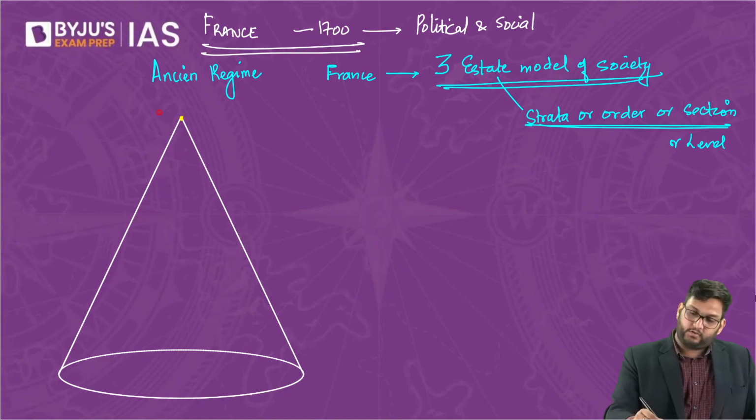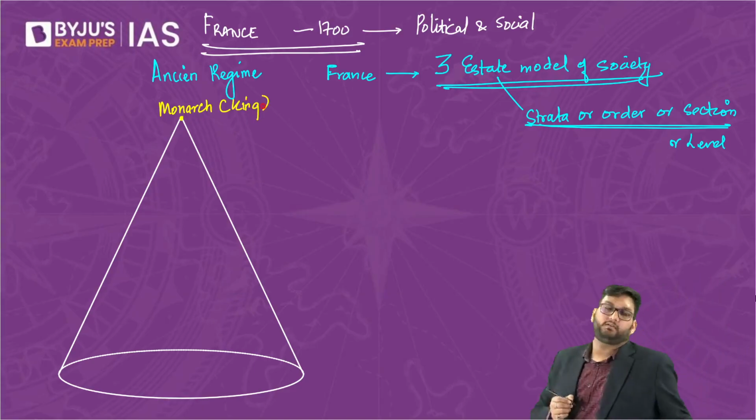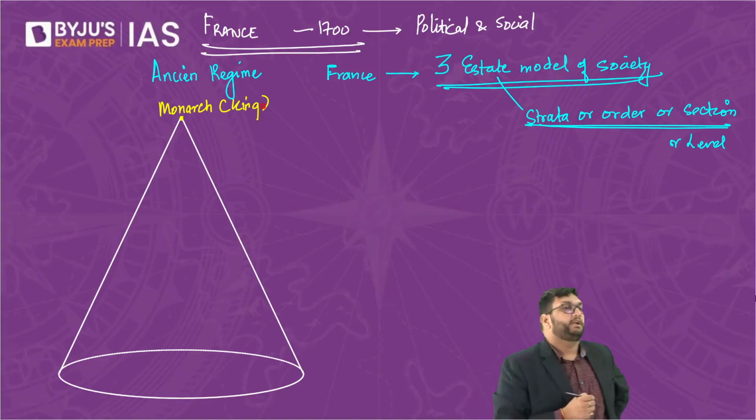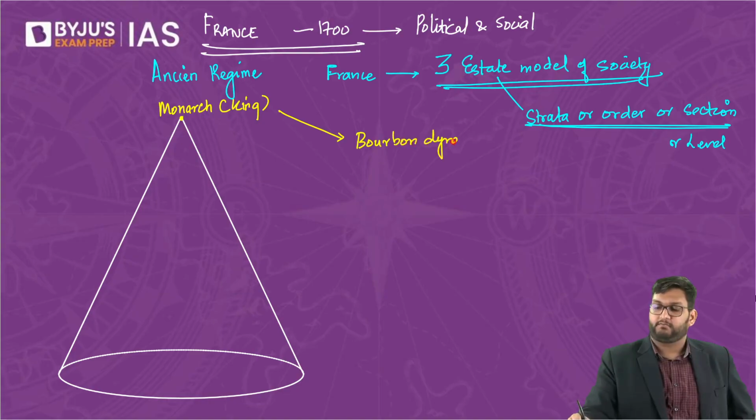Here you have the monarch, the king, and the kings which France used to have came from a dynasty called the Bourbon dynasty. Not the biscuit one, but the biscuit has taken the name from here.